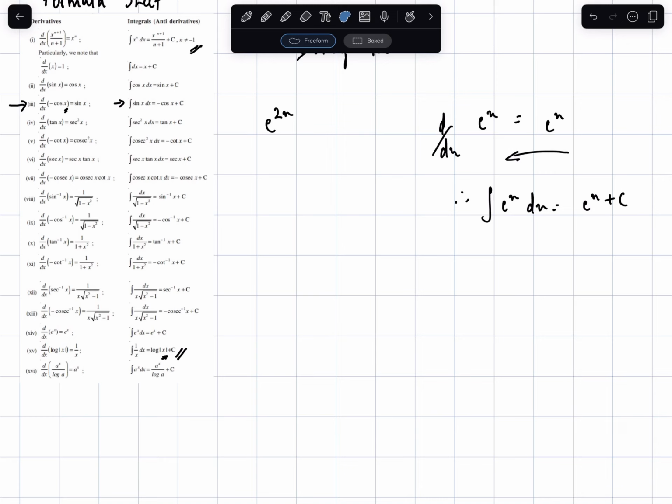Don't be paranoid about that. They're interchangeable. Whether you integrate or differentiate, it remains the same. So you don't have to worry. All you have to do is take e raised to the power 2x and differentiate it.